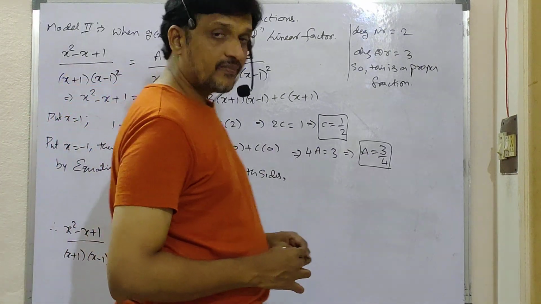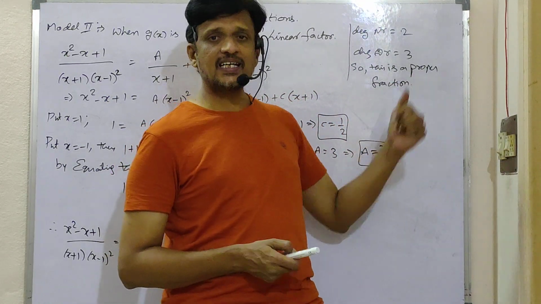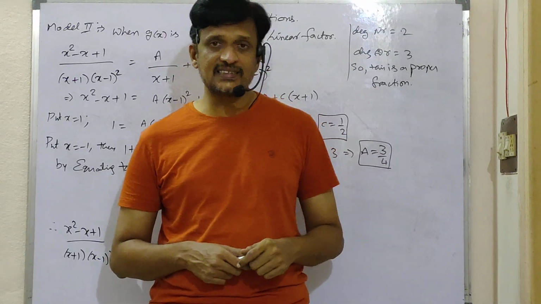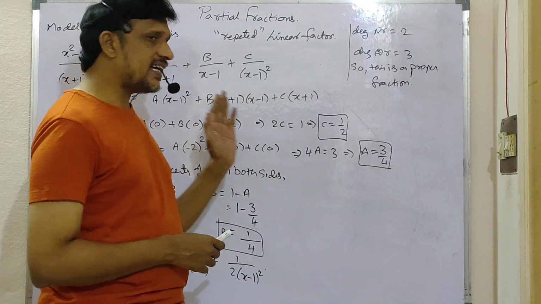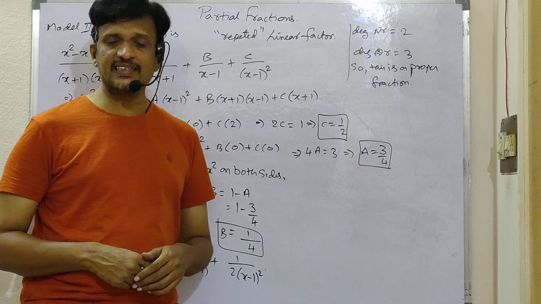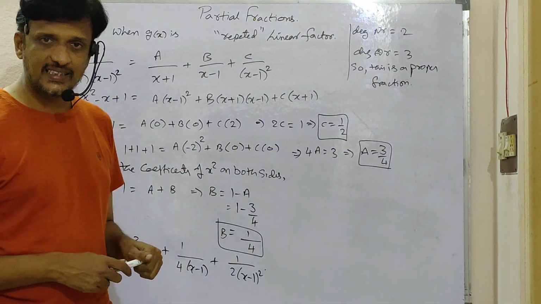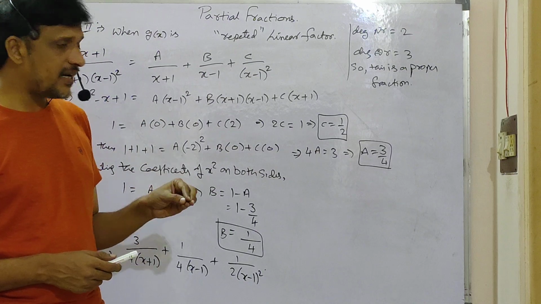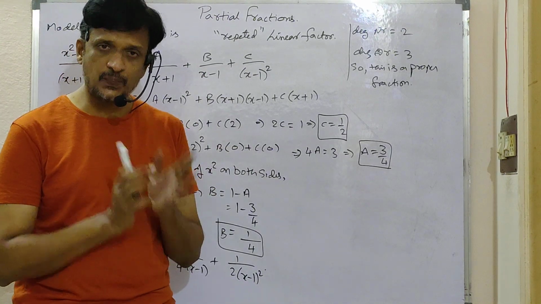So like this, when the given fraction is a proper fraction, meaning the degree of the numerator is less than the degree of the denominator, then you can write this as the sum of the partial fractions like this. Here, in the first and second models we discussed, in the first model the denominator consists of non-repeated linear factors of the form ax plus b.